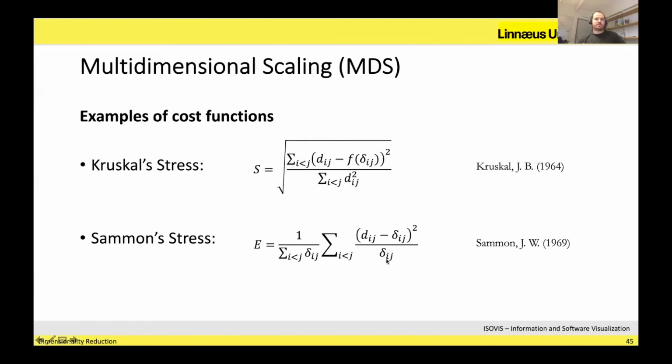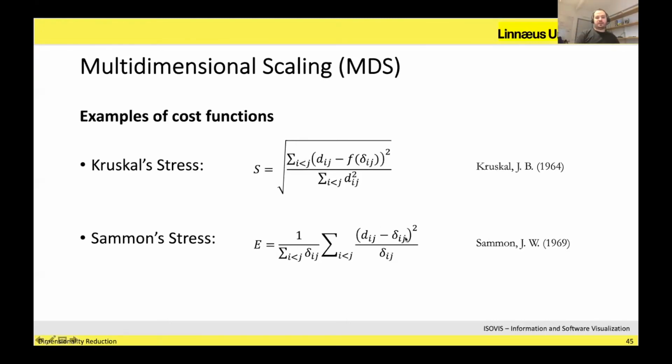So if 2 points are very, very far away from each other in the original space, which is what is represented by this value over here, I actually don't care about that too much. So I divide by this thing so that the cost does not go up too much, because I'm dividing by a large value here. So that specific component of the cost is not very important. It's just a little bit.